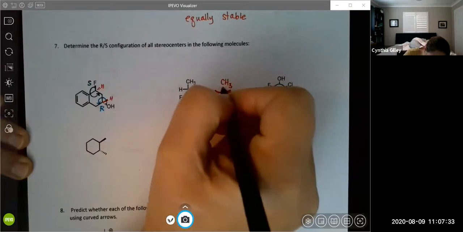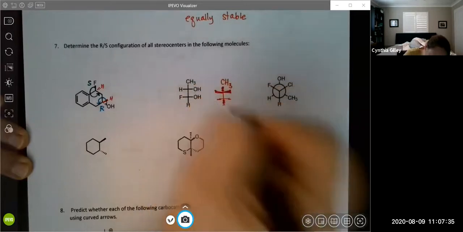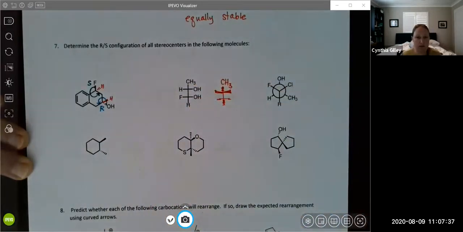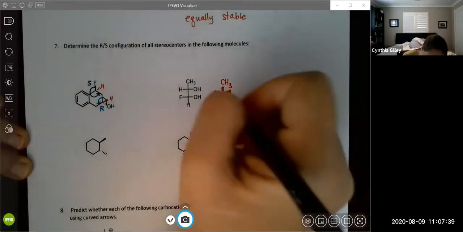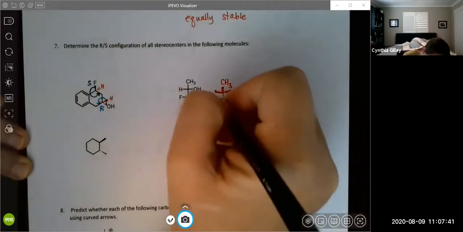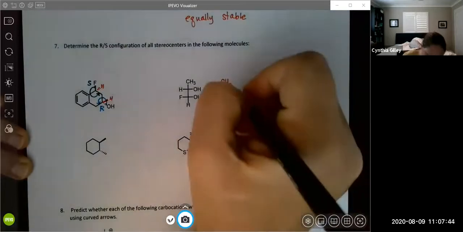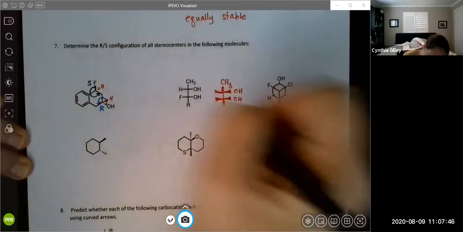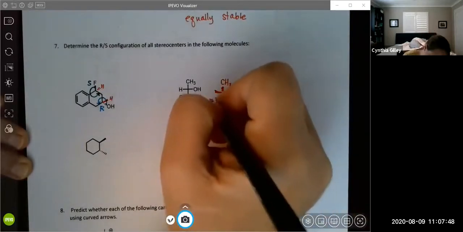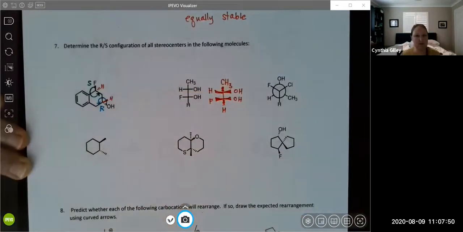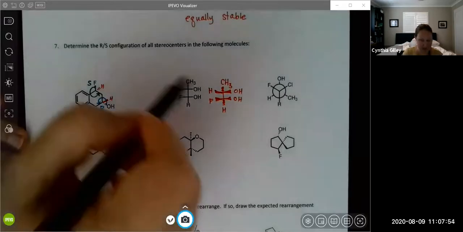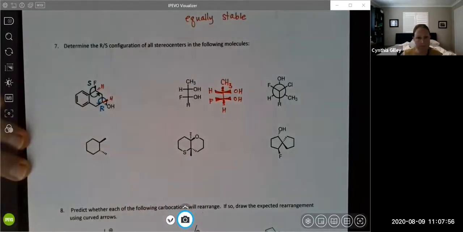And the groups on the vertical are pointed back. So we'll draw wedges here. So we have the OH, OH, hydrogen, fluorine, hydrogen.